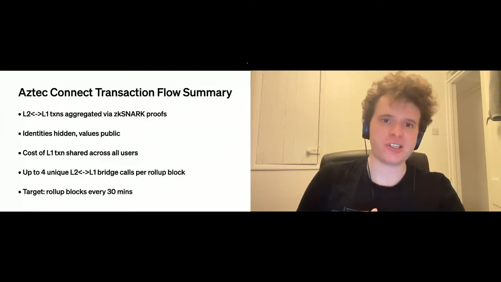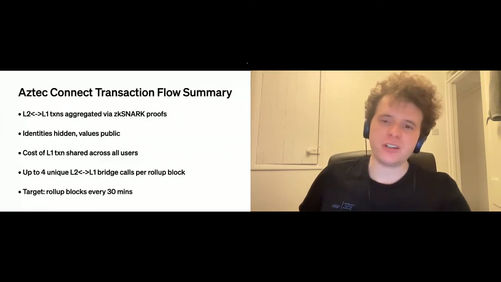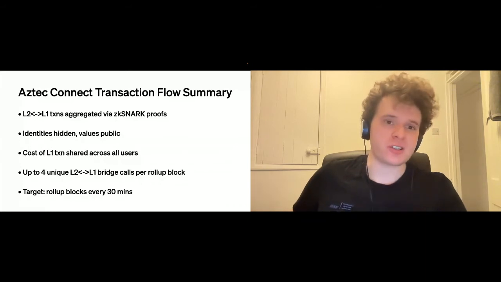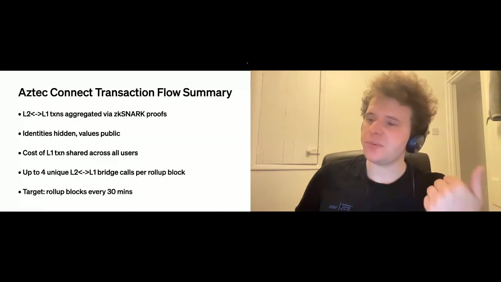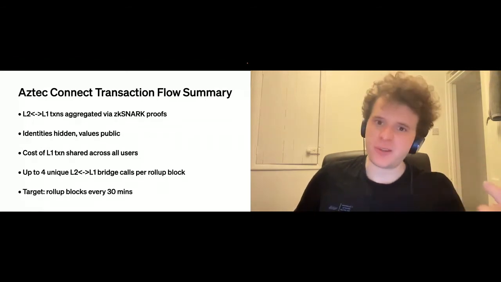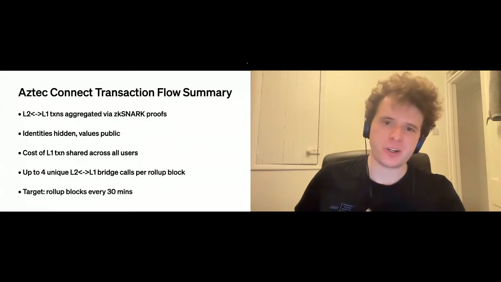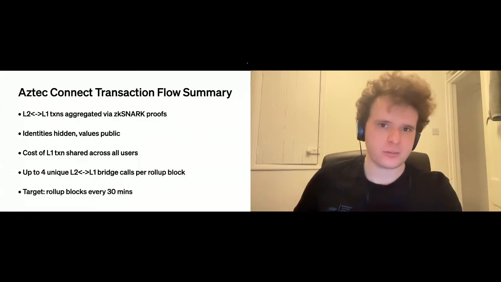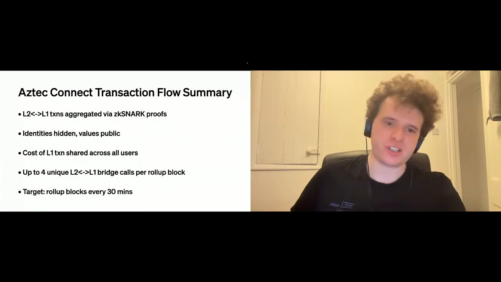So the goal is for this to create a very pleasant user experience where the transaction is relatively cheap, and they know they're getting the best rates and the best prices because they're not having to take a risk by migrating to a fragmented liquidity pool on layer 2.